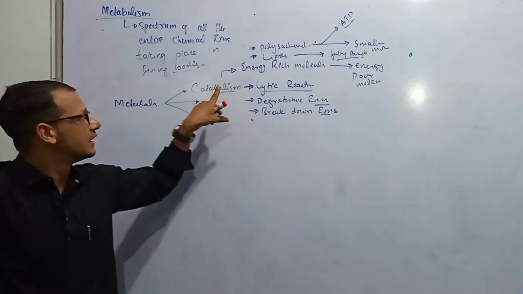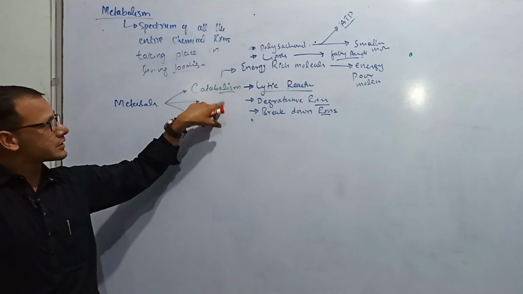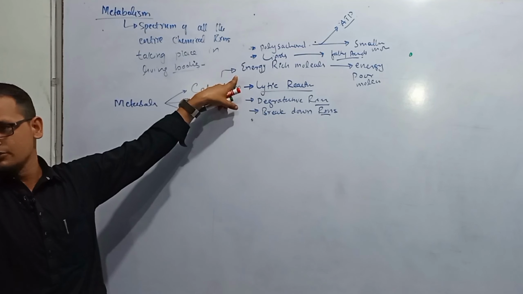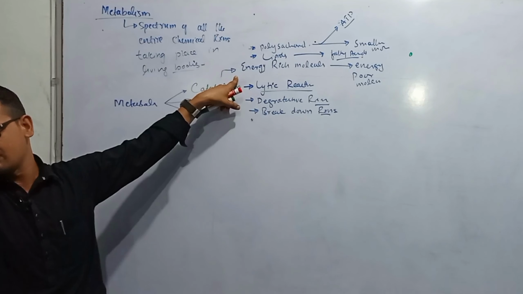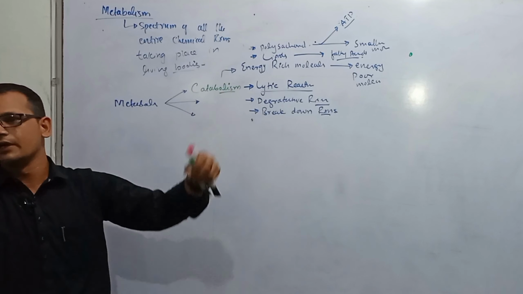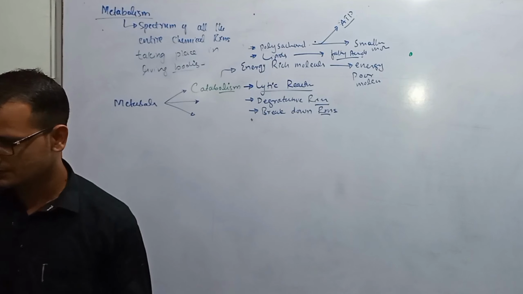You can define this. Catabolism is the type of metabolic reaction in which the large complex macromolecules are converted into their entities, their units. Like for example, if we convert protein into amino acids, which are the entities of protein, right?